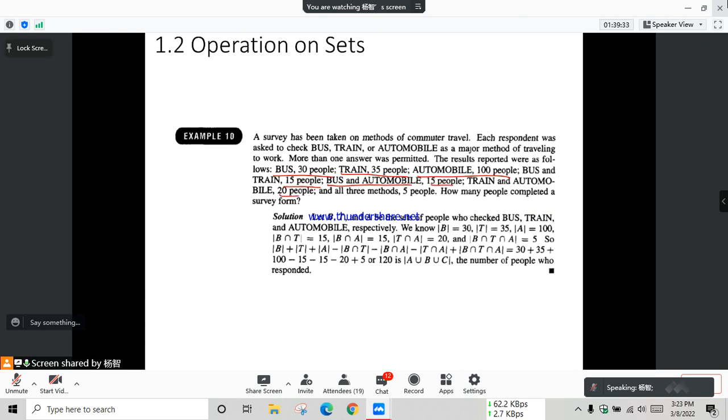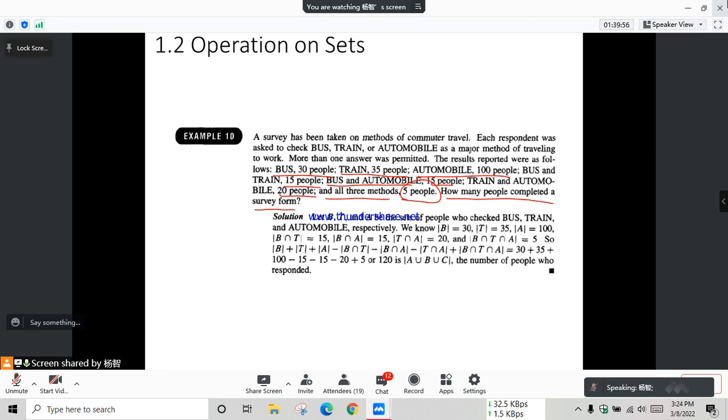And 20 people take train and drive a car. And 5 people take bus, take train, and also drive a car. So how many people completed this survey form?